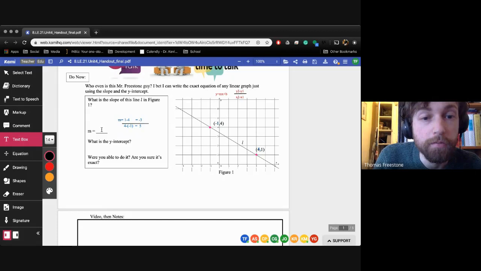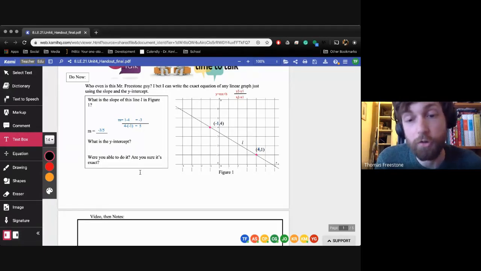So now the only question is, how would we figure out what the y-intercept is? What can we do to find the y-intercept? And if anybody has an idea, go ahead and just throw it out. There are no bad ideas. As we keep going through the lesson, we'll learn some ways if you're not sure.